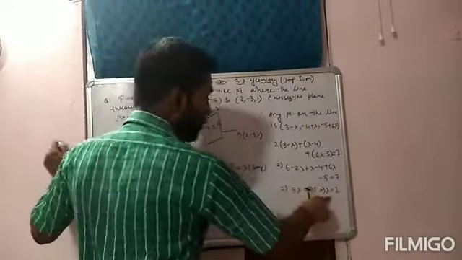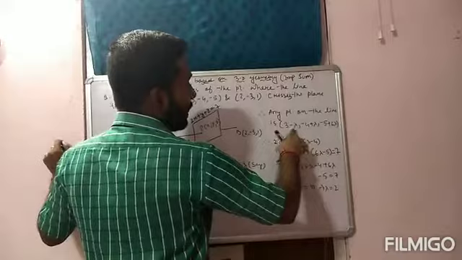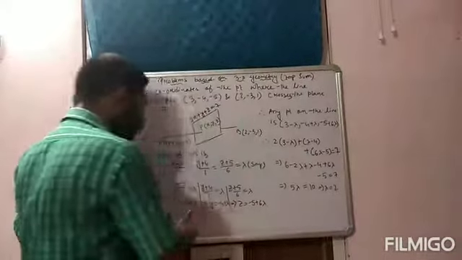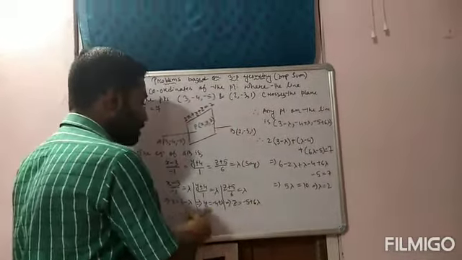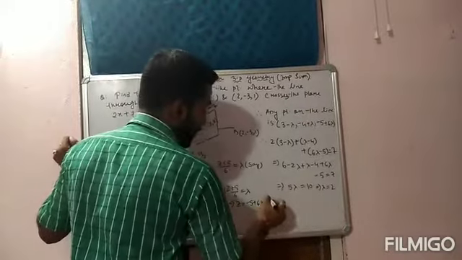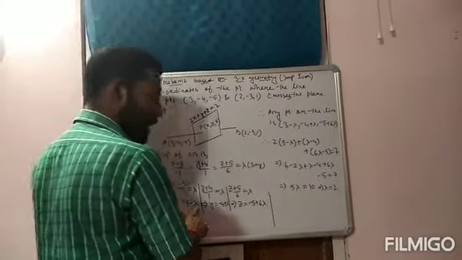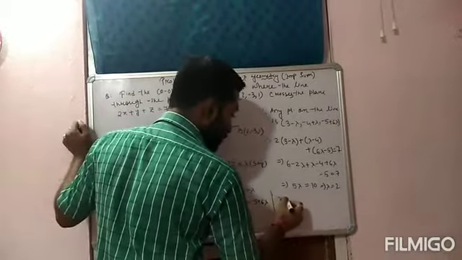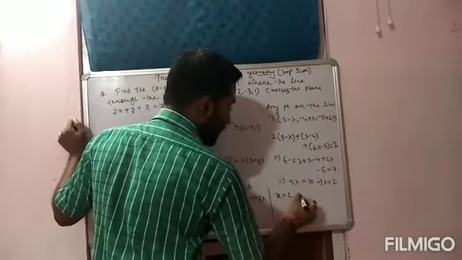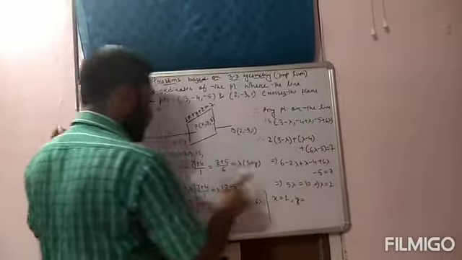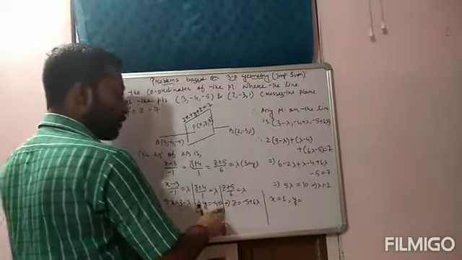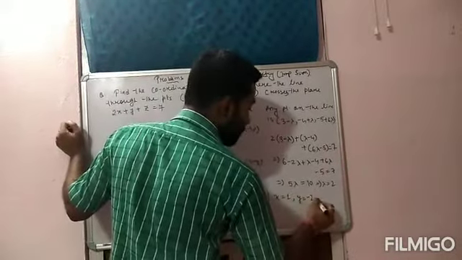Now put the value of lambda here, or you can put it here also, to get the values of x, y and z. If we put the value of lambda in the x coordinate, 3 minus lambda, the value of x will be 1. Similarly, in y, minus 4 plus 2 is minus 2.